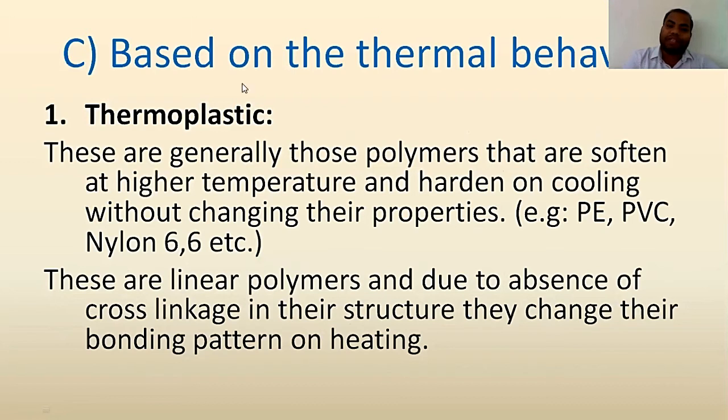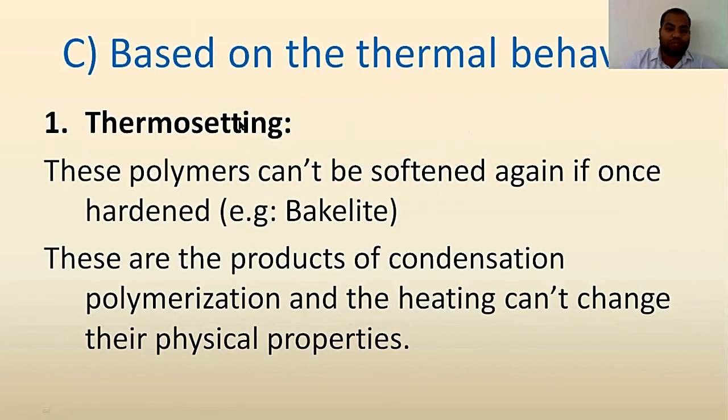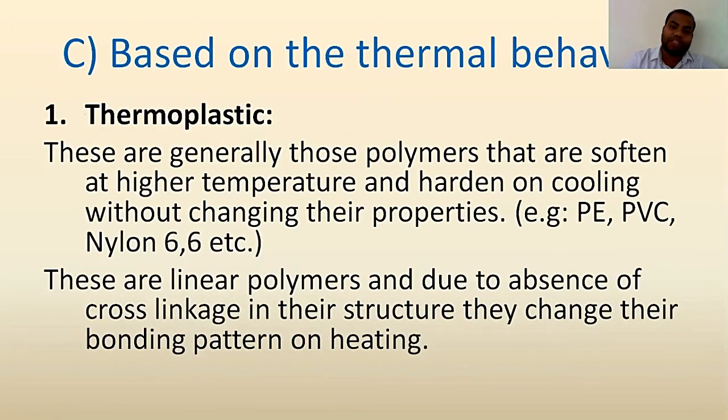Next, based upon the thermal behavior, they are classified into two types, that is thermoplastic and thermosetting. Okay, thermoplastics are nothing but those polymers which generally harden on cooling without changing their properties. When they are heated, they can melt or they can become softer.